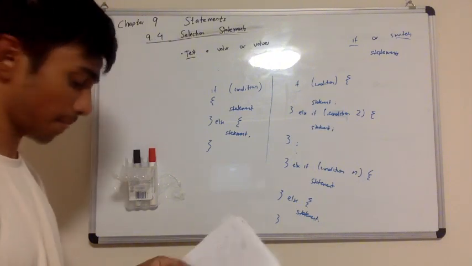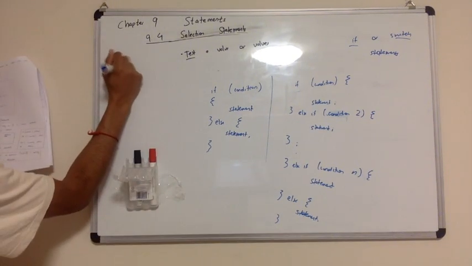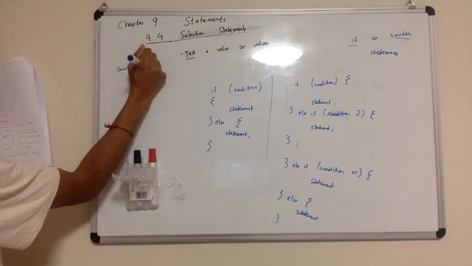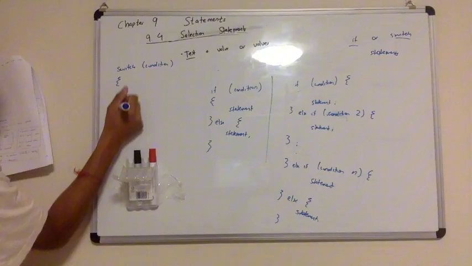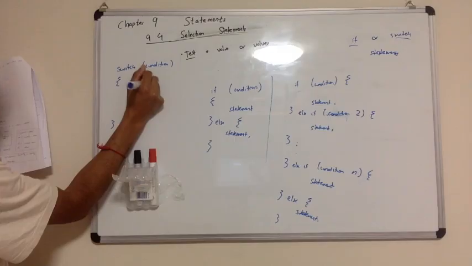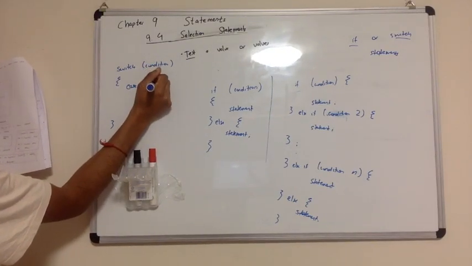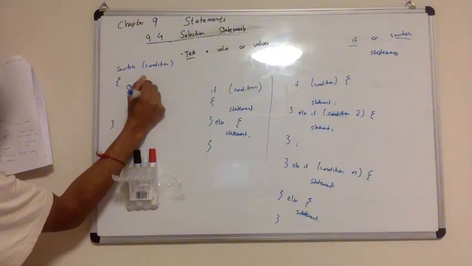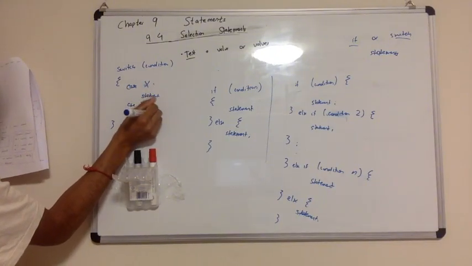And then for switch statements, I might write it over here. You usually have something like this: switch, and then some condition, and then you'll have the brackets, and then you'll have cases. You'll have case X, and then statement, case Y, and then some statement, and so on.